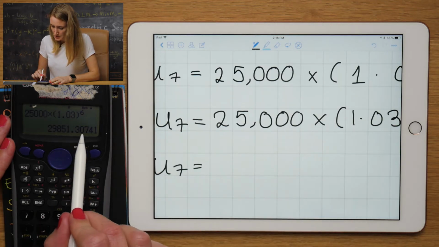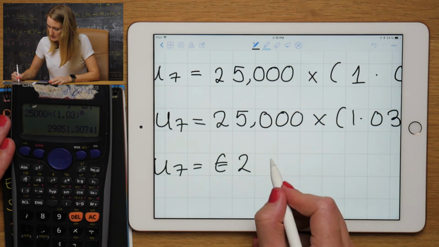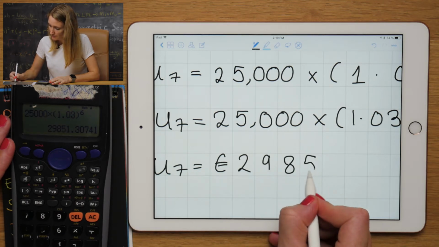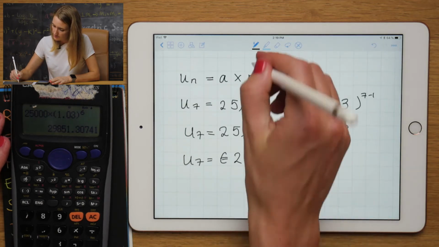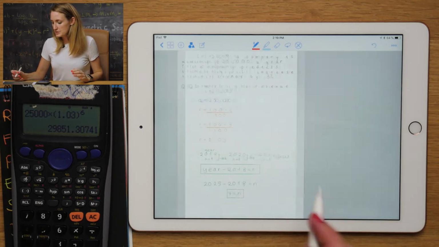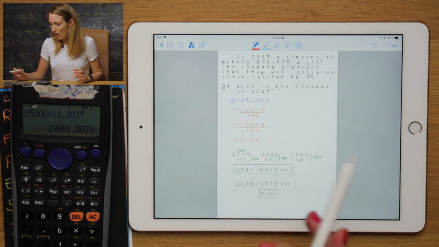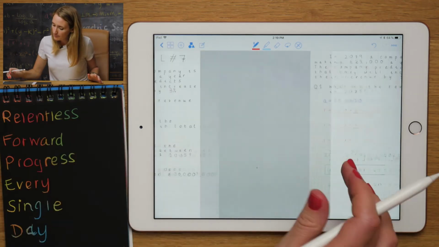For money, I usually round to 2 decimal places, so it would be 29,851 euros and 31 cents. Although it took a little while to get started on this question, we're going to be using the A, R, and n formula for the rest, so it will be a little bit quicker.